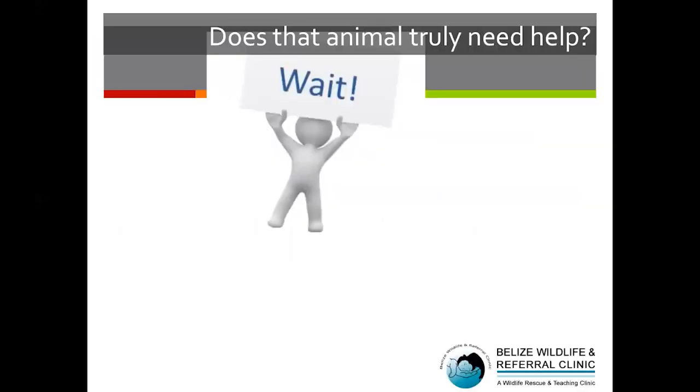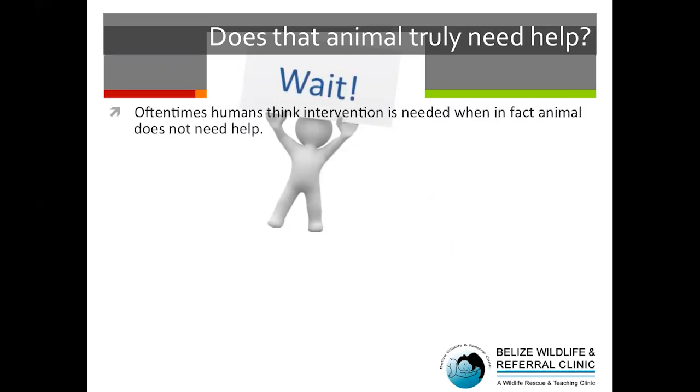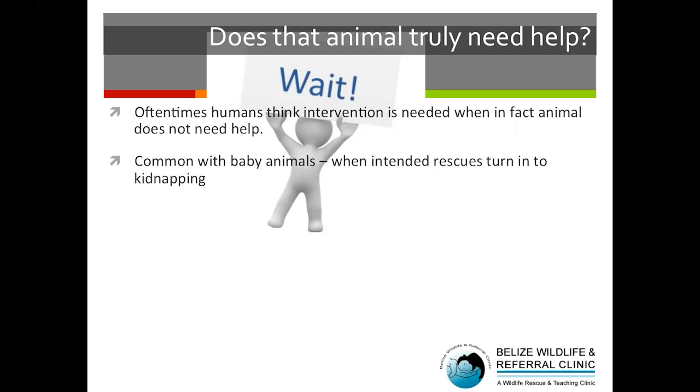So just call. But before you intervene, figure out if this animal really needs help. So wait a moment before you do anything. Don't think help is needed until you have assessed this properly.